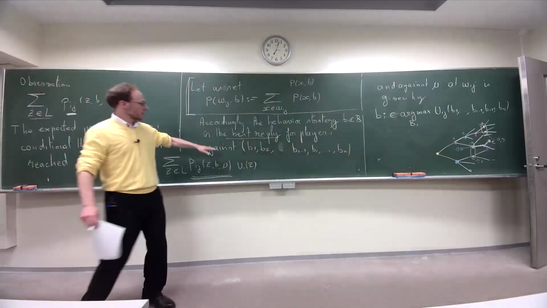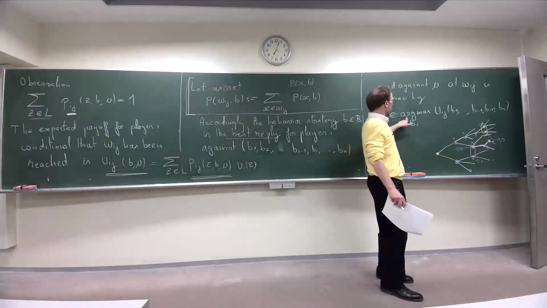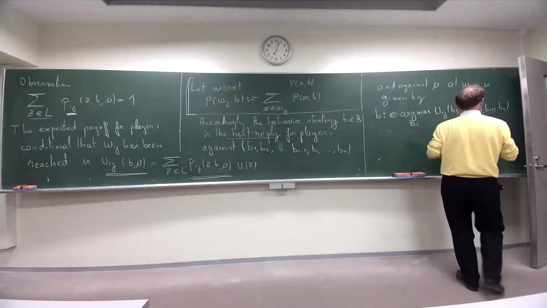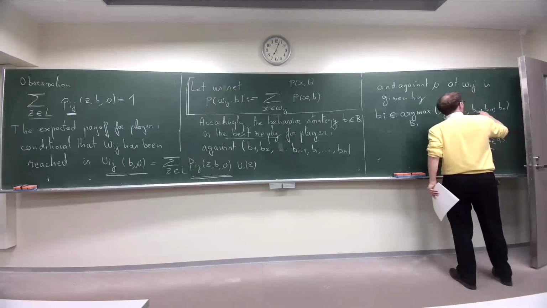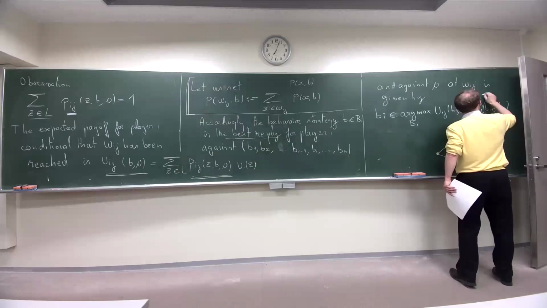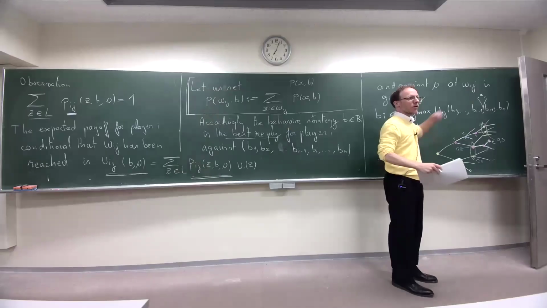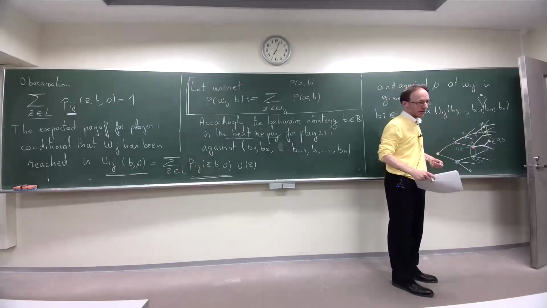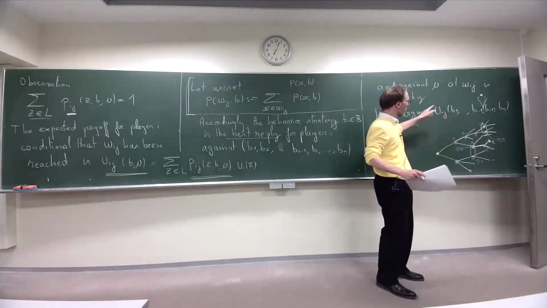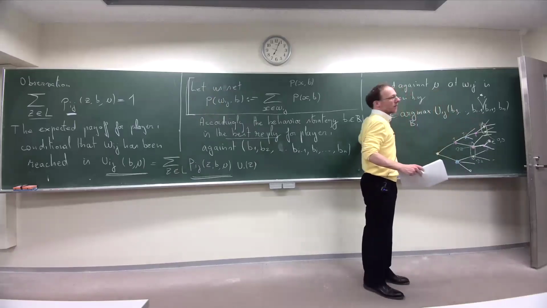So if I'm player I, I will choose argmax, which means I need to put a dot. The strategies for the other players are fixed, and for player I I just put a dot, because it means I go over all possible strategies for player I. This is this notion of argmax. I go over all strategies for player I, and I take the one which gives me the maximum value.